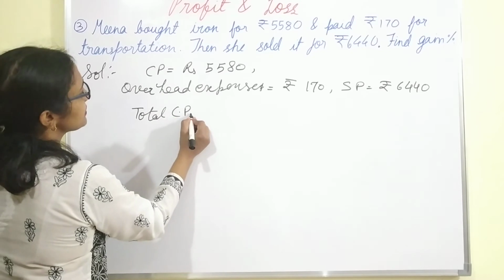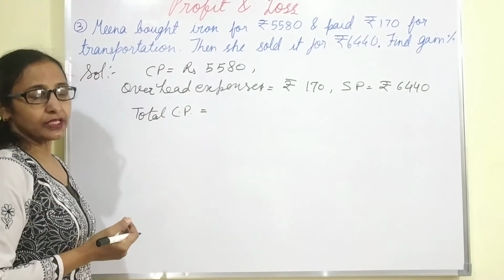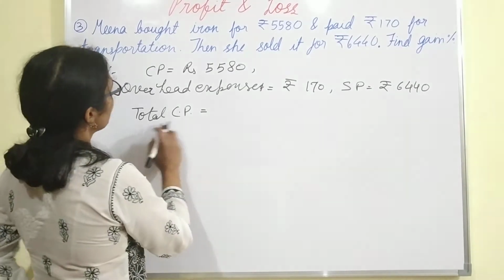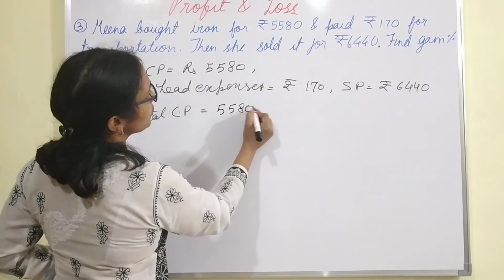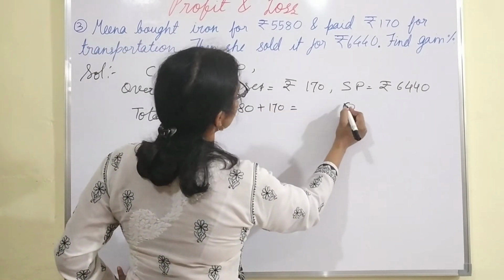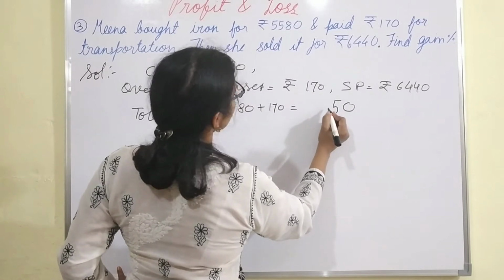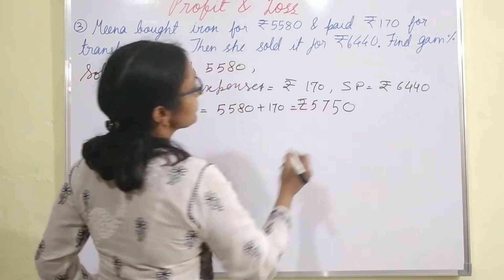Okay, so solution. Total CP. Overhead expenses means whatever money anyone pays for transportation and for repairing. So total CP is 5580 plus 170, so it became 5750.